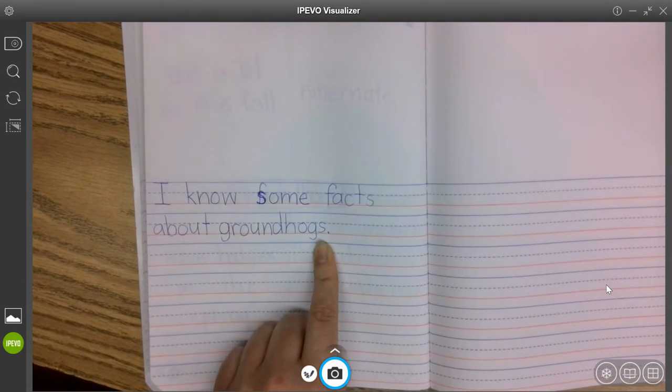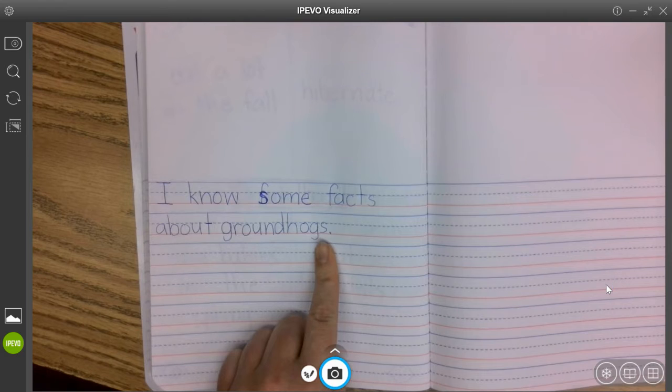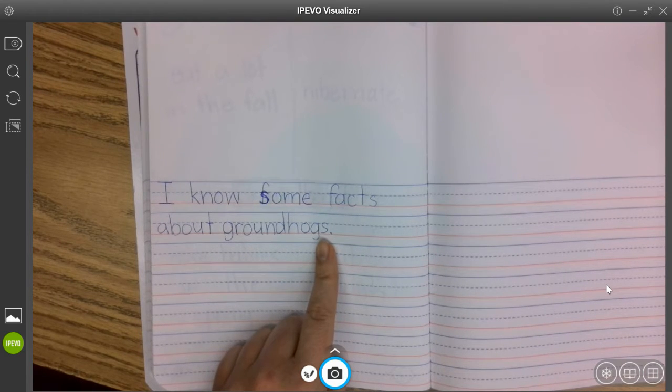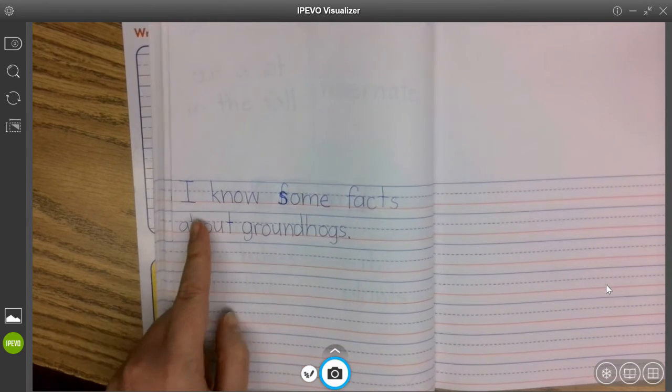Okay, now before I go on, I am going to go back and read it and make sure it says what I think it's supposed to say. I'm going to read it out loud. Okay, so when you go back and check your work, read it out loud because sometimes we have a better chance of catching our mistakes when we're using our voice instead of just reading it in our head.